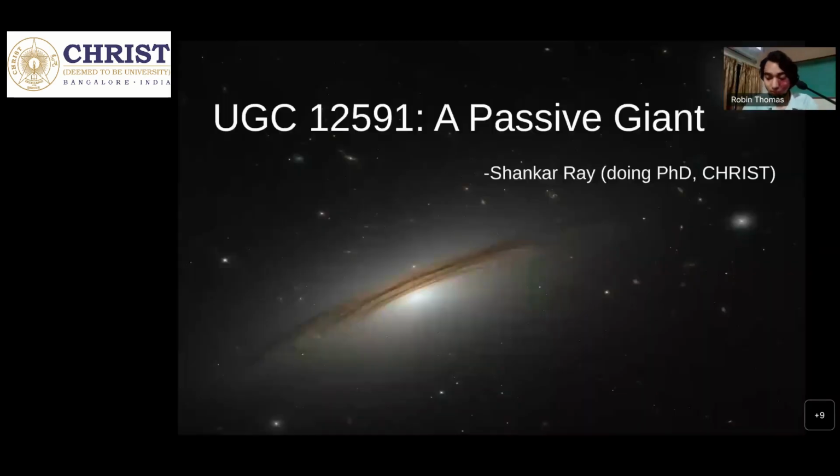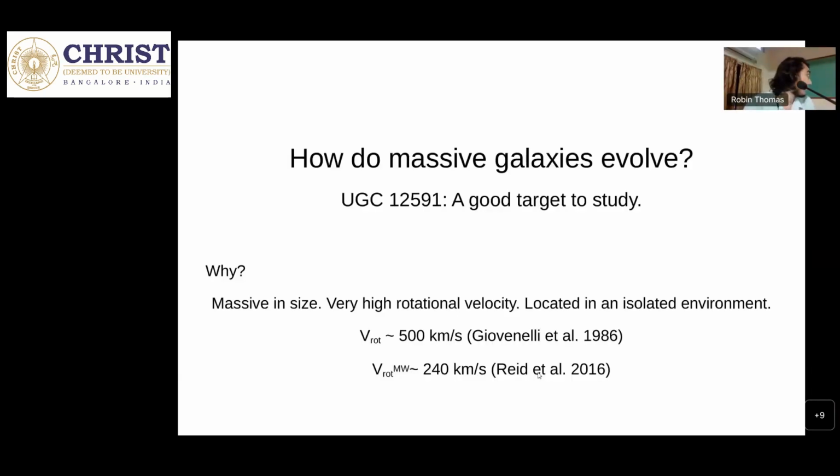It has a very high rotational velocity, around twice that of the Milky Way, about 500 kilometers per second. So massive in size, very high rotational velocity, and located in a very isolated environment. So what kind of interaction is going on with the surroundings is an important question to answer.